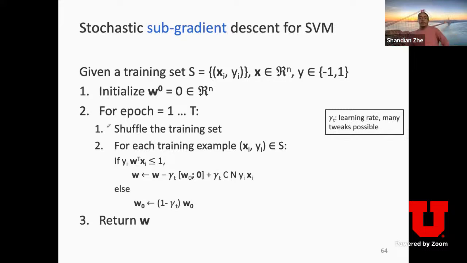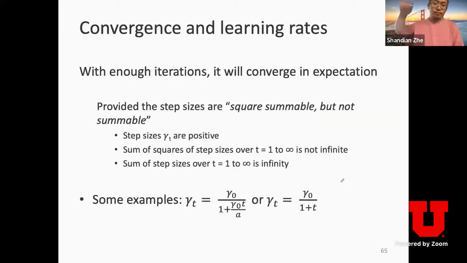Okay, the last thing about this is how we tweak the learning rate gamma t. As we just mentioned, gamma t is the learning rate, and you have to carefully schedule it to make sure you converge. If we can make our gamma t's satisfy the following three conditions, then with probability 1, almost surely, the stochastic subgradient descent procedure will converge to the minimum of the objective function.